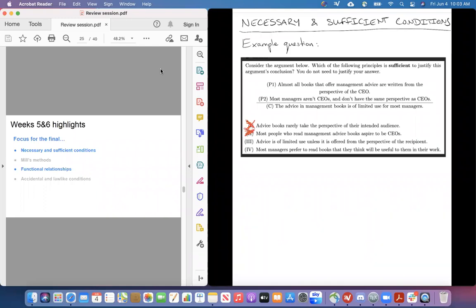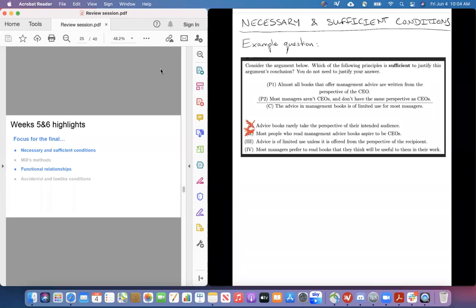Number 3. Number 3 is the answer to this question. What number 3 says is that if advice is not offered from the perspective of the recipient, then it's only of limited use. So although number 3 goes a little bit broader than just managers and CEOs, that's okay. All we're looking for is enough for the conclusion, and this gives us more than enough for the conclusion to work.